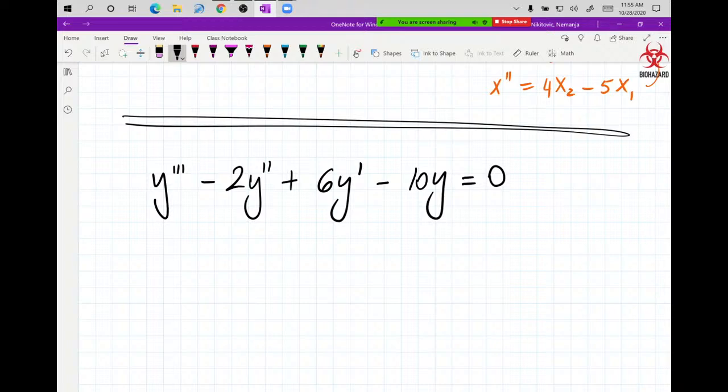So now we have to come up with 3 equations, right? We're going to come up with 3 equations because we had the third degree. It should kind of make sense that the third degree differential equation will break down into 3 first degree equations.